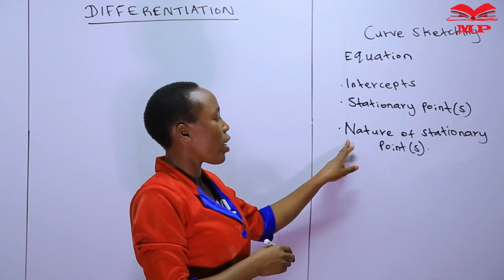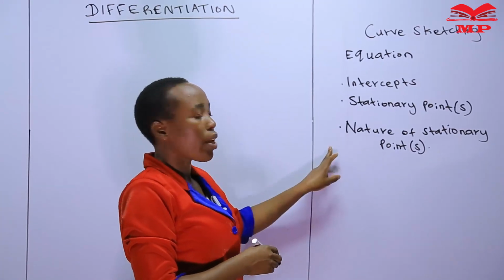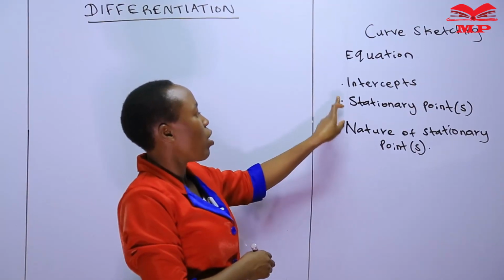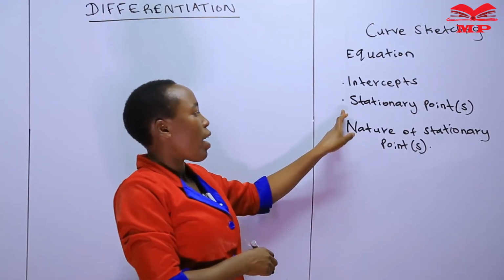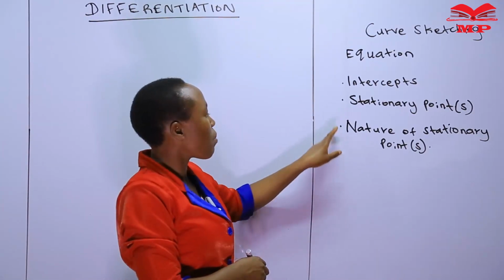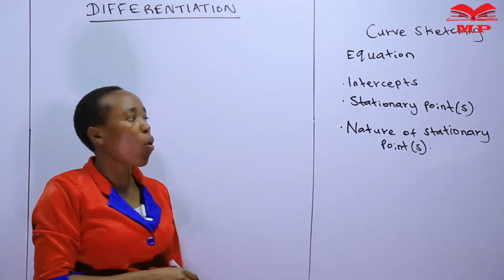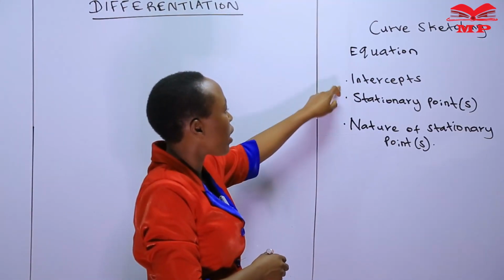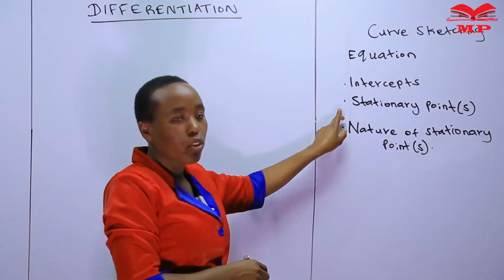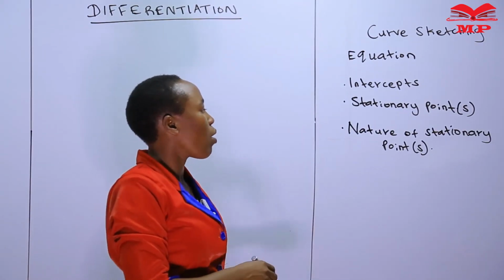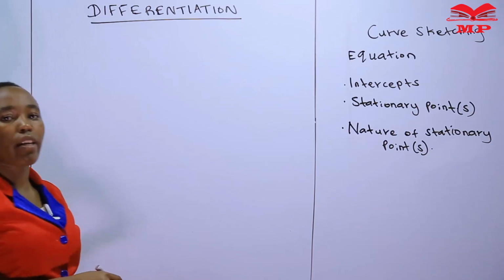These three will guide you in sketching the curve. And all this we have covered: how to get the intercepts, the stationary points, and the nature of the stationary points.